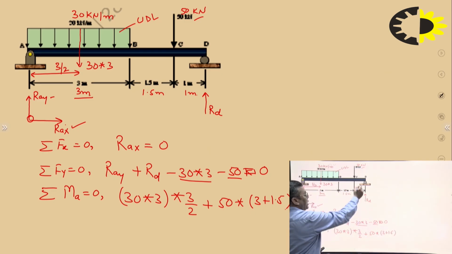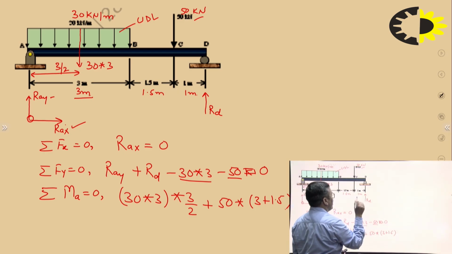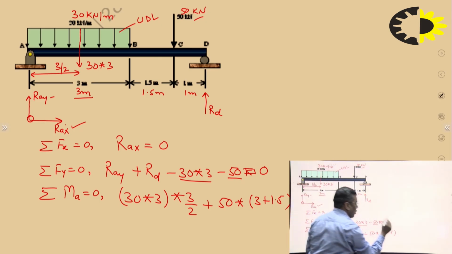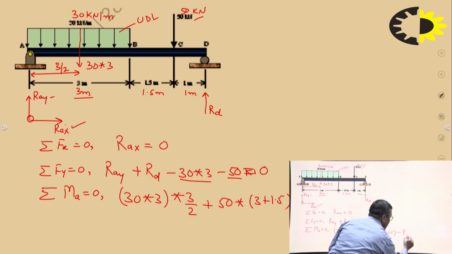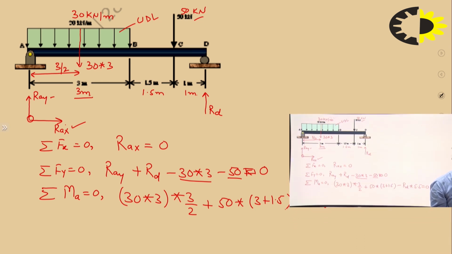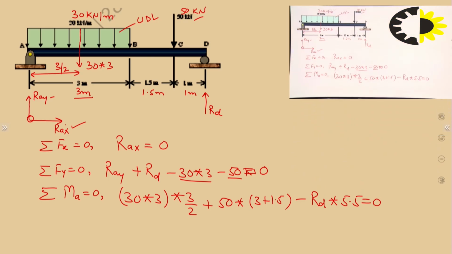Now RD: its distance is 3 plus 1.5 plus 1, so 5.5, and its tendency of rotation is anti-clockwise. So minus RD into 5.5 equals 0. Please check these equations. I hope both equations are okay and there is no issue. Now find RAY and RD.